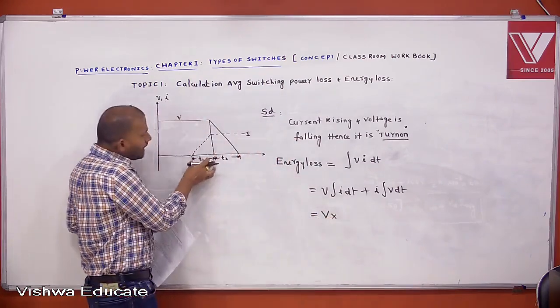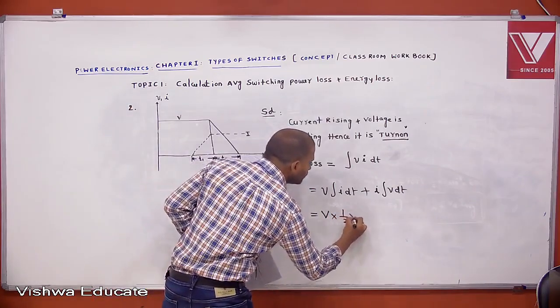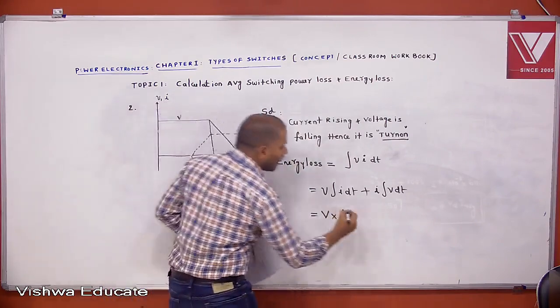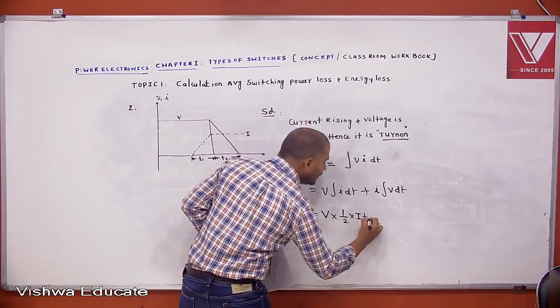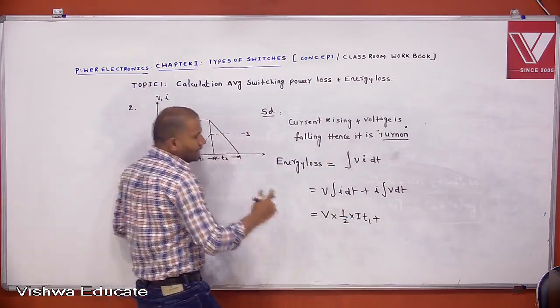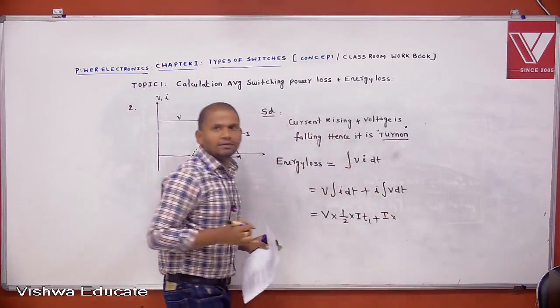What is the triangle area under the curve? Half into the height, I into T1, plus I is capital I. What is integral V dt?